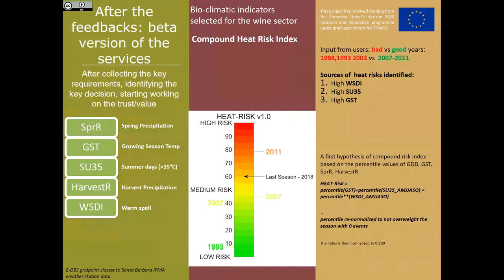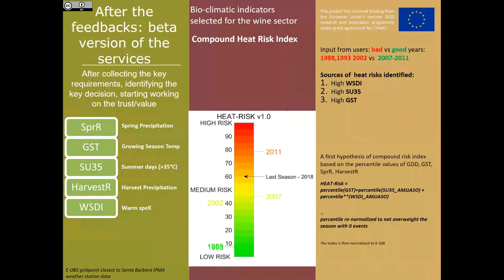Since the first workshop, we have presented a higher number of possible bioclimatic indicators that could be of possible interest for the sector.